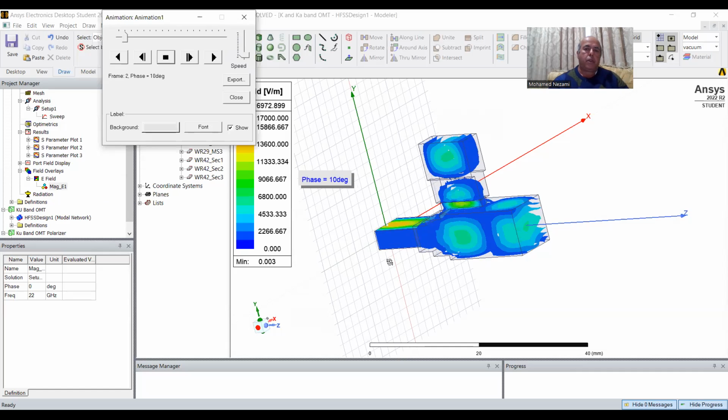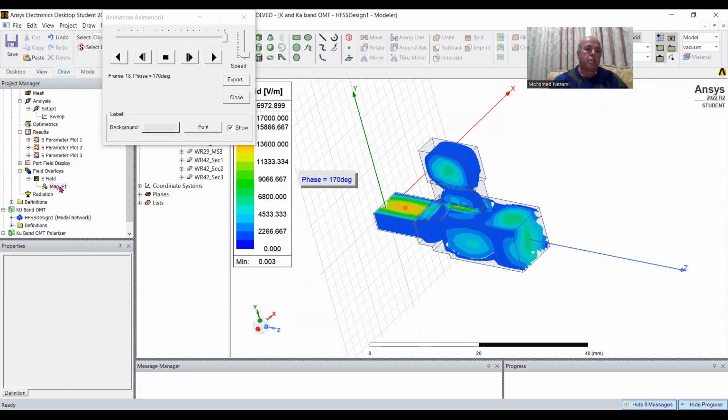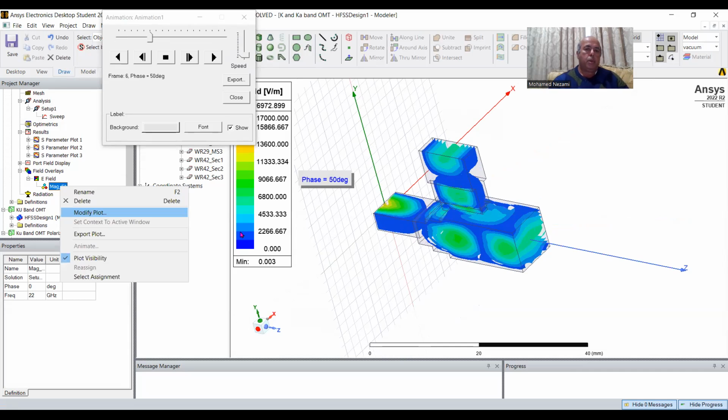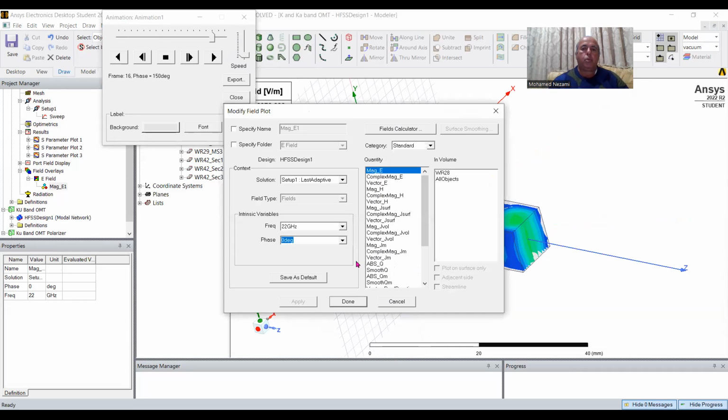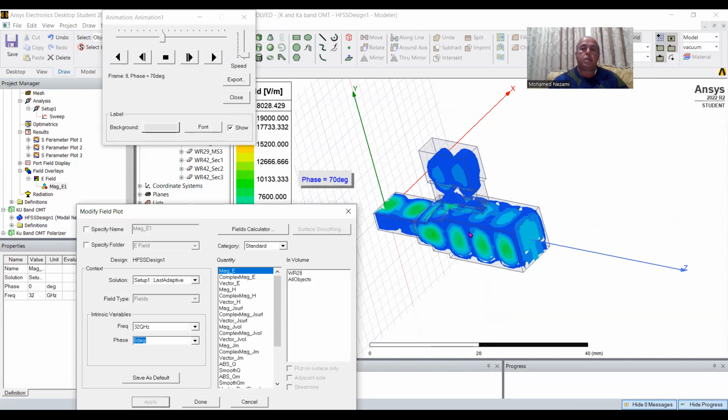This is at a specific frequency. Right now, you can see the signal is leaking in both, but that's because this one is at 22 gigahertz. So let's go in and see, for instance, at 32 gigahertz how it behaves, and it will have exactly the same thing, okay? So you can see that the signal is going in here very strongly to this port.